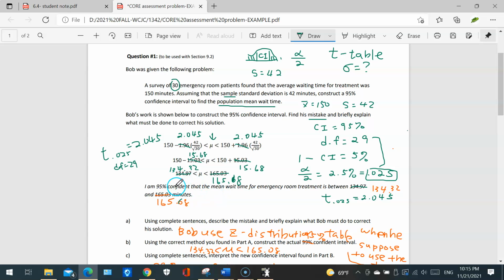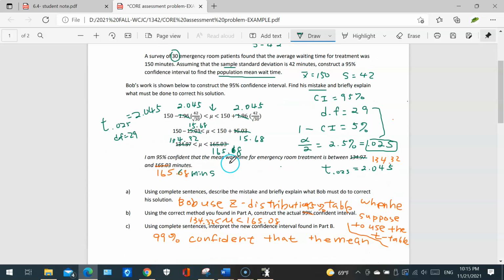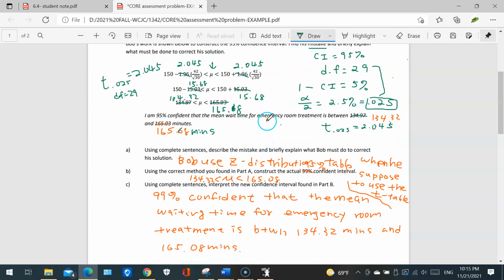So then we can describe our conclusion. I'm 95% confident that the mean wait time for emergency room treatment is between 134.32 minutes and 165.68 minutes. So this is how you give the right confidence interval at 95% based on this question.